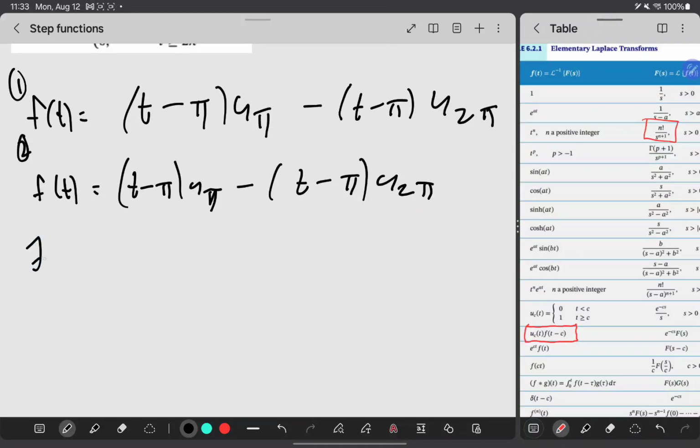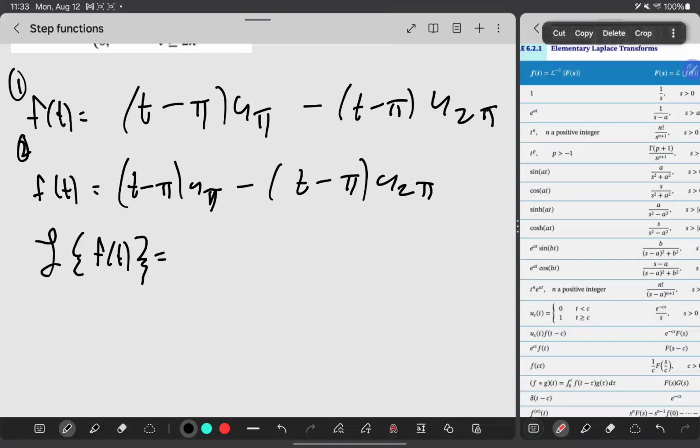Now we need to find the Laplace of f of t, which in this case, you may notice something. Okay, good, this matches with this, but look at this one over here, doesn't match. So we have to do some rewriting here.